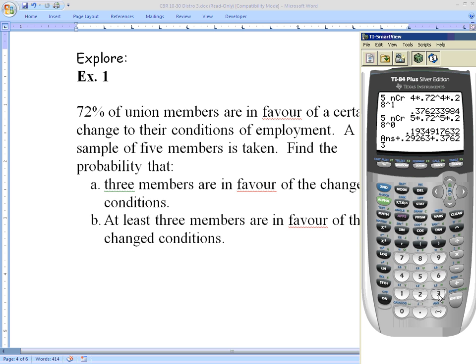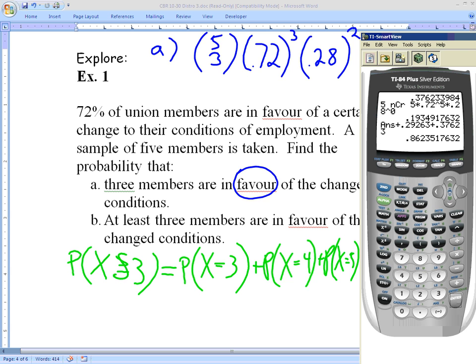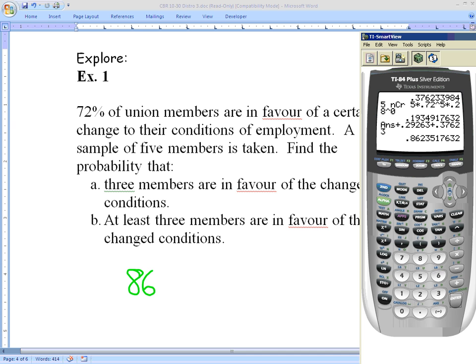And that's good enough, really, right there. I've got my 5 significant figures, and I press enter. So I'm looking at about 86.2% is the probability. And again, that was the probability that x was greater than or equal to 3.